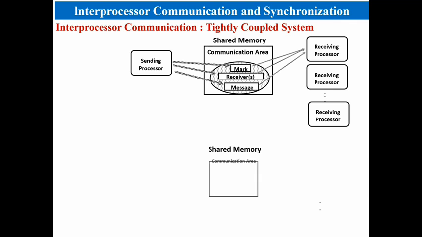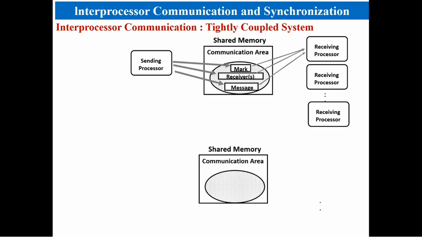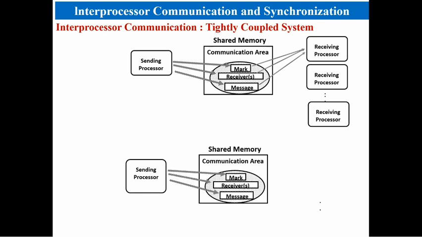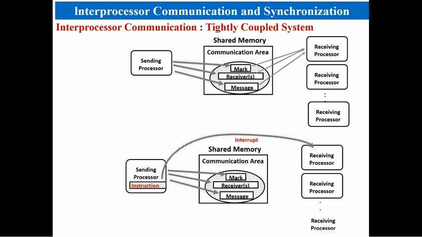To avoid that, what is required? A sending processor has to send a message into the common shared memory in the message mailbox, mark the status bits, and say which receivers the message belongs to. After that, the sending processor has to execute an instruction. That instruction is going to interrupt the receiving processor.